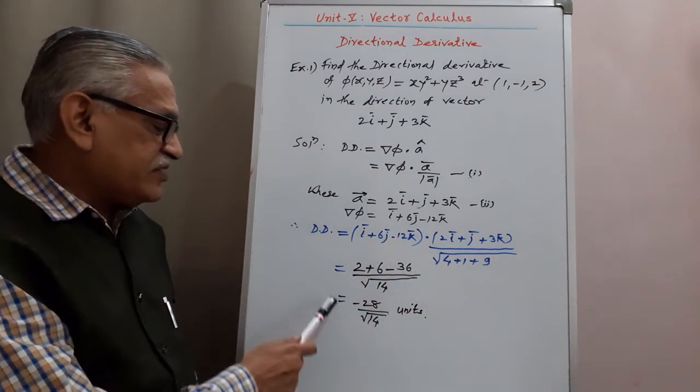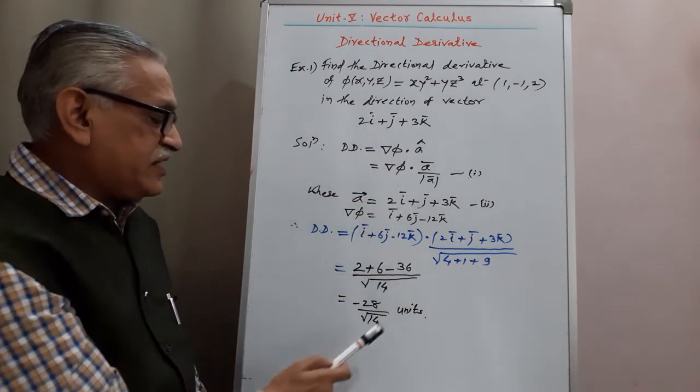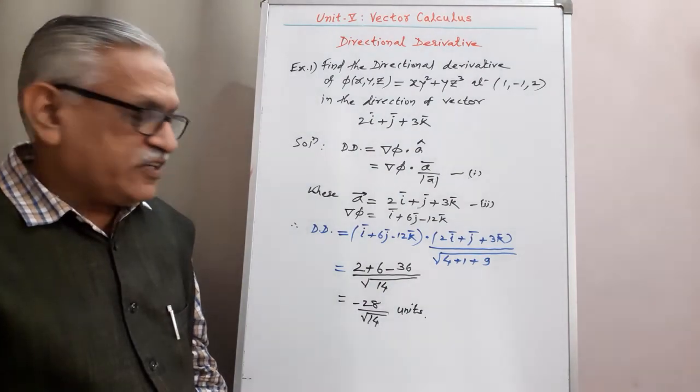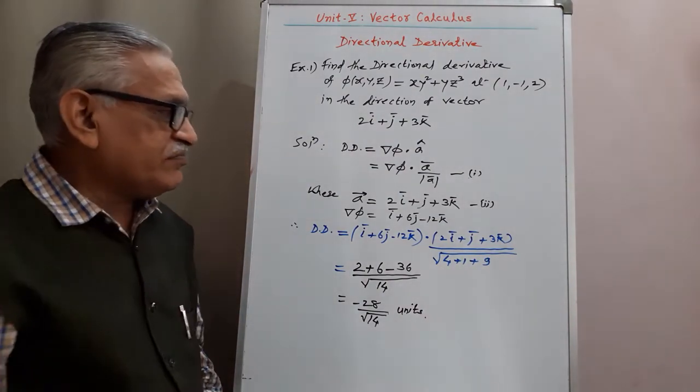Therefore, the value of the directional derivative along vector 2i plus j plus 3k is minus 28 divided by square root of 14 units.